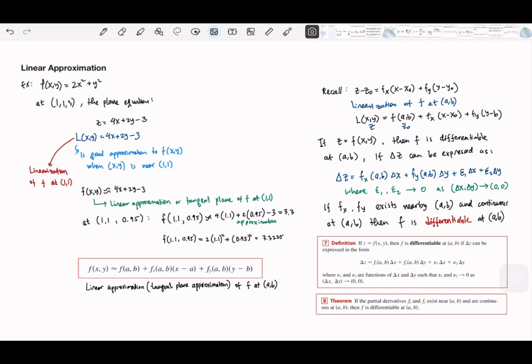So in the last discussion, we discussed the linear approximation in terms of a function of two variables, which results in a tangent plane, right? With a plane equation. Actually, after this part I have some exercises, but I will focus on them next week.